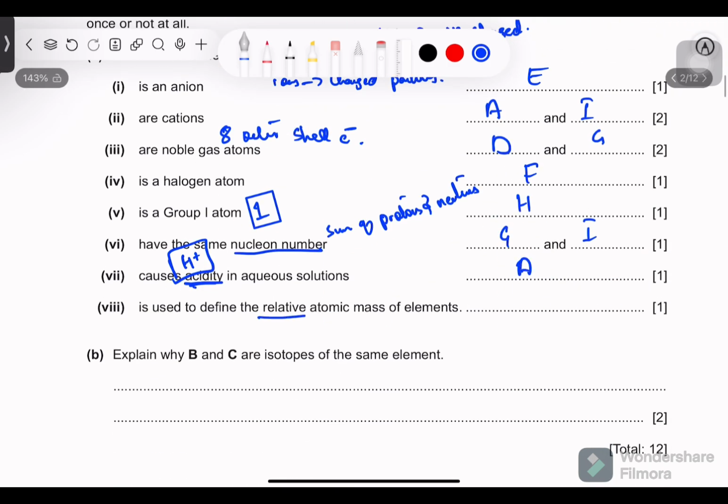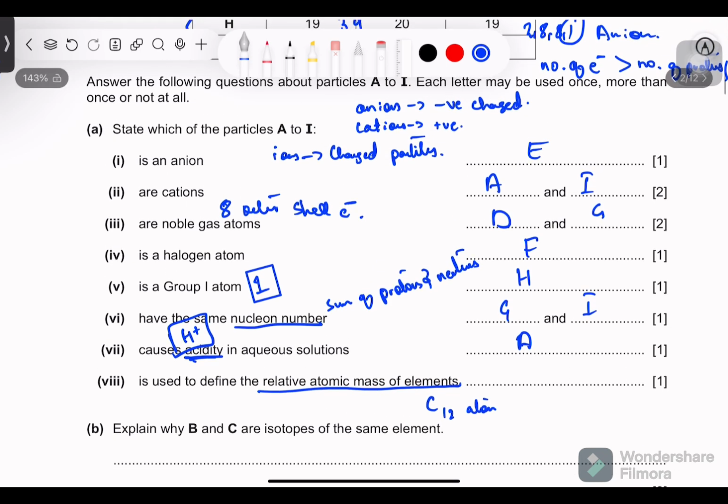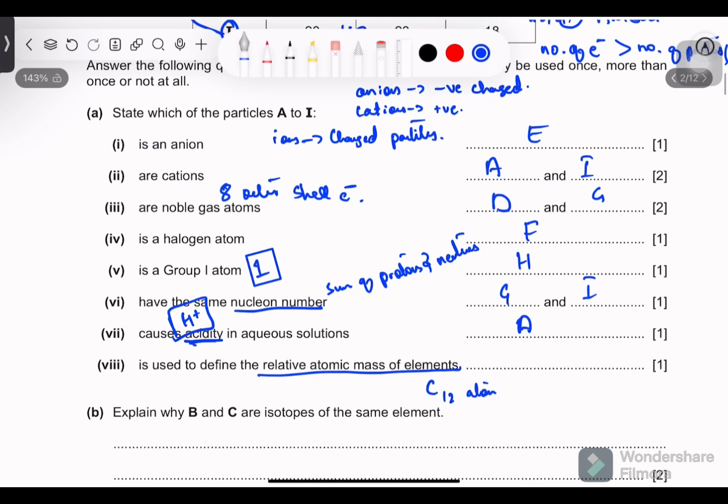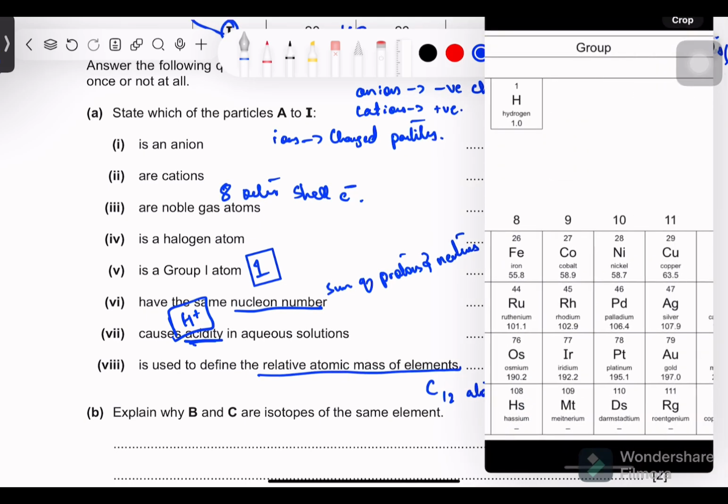Is used to define the relative atomic mass of elements. So the relative atomic mass is the mass compared to the 1/12 of the mass of a carbon 12 atom, which means that it should be a carbon 12 atom in which the nucleon number should be 12, as in the periodic table.